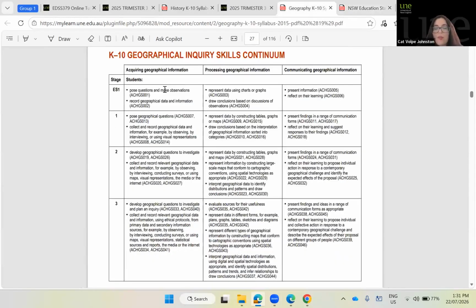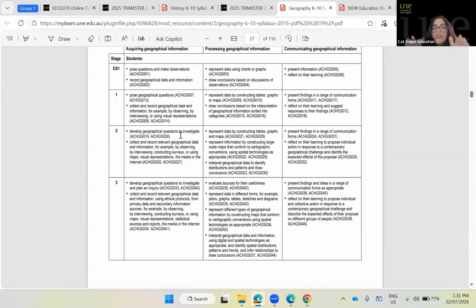We're still having students acquire data. They are still making observations. They are still recording geographical data information, and representing that data on a table or graph, maps, and so forth. So all these different skills are still happening, but they're just not explicit in the new syllabus. So you might want to keep a handle on this table as well.